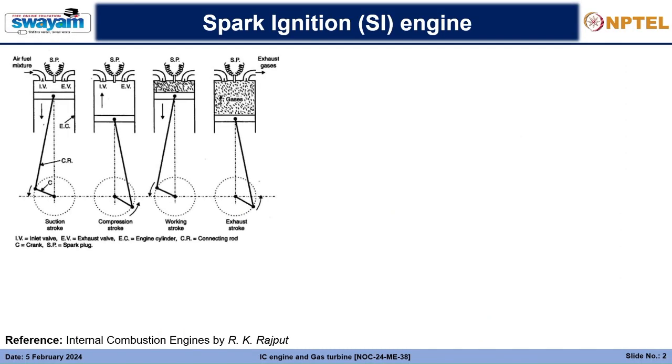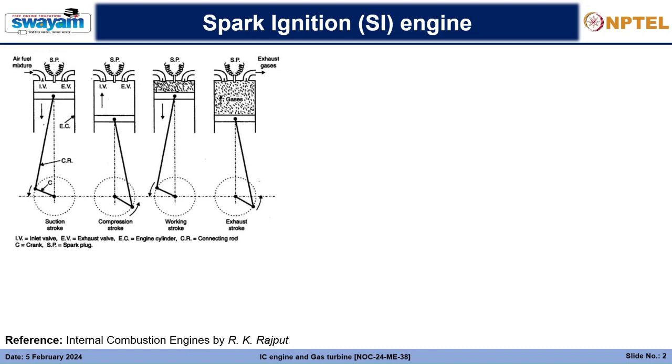First of all, I would give you a quick recap of the spark ignition engine and the diesel ignition engine. Before learning about the Otto cycle, which is the air standard cycle, we need to know about the spark ignition engine, because theoretically, if we want to indicate all the processes on pen and paper, we would use the Otto cycle as reference.